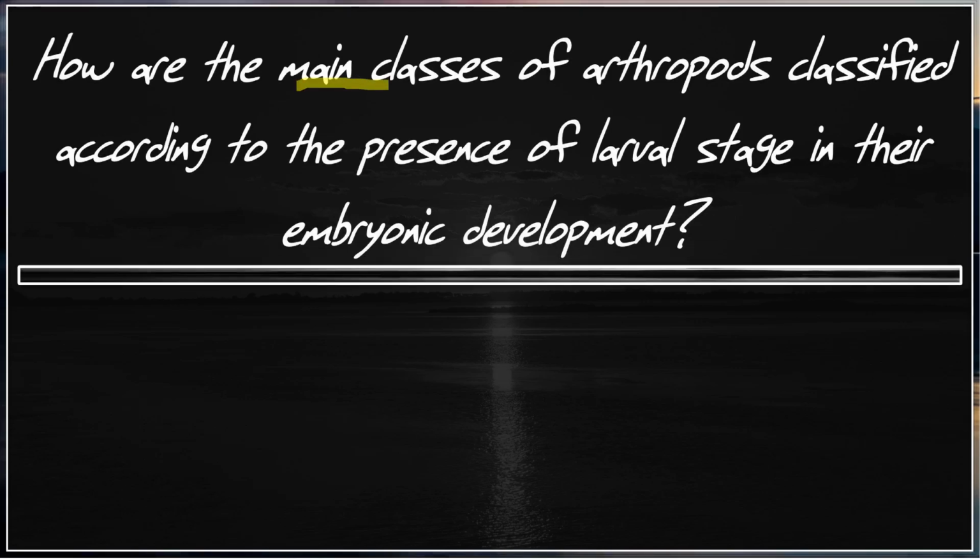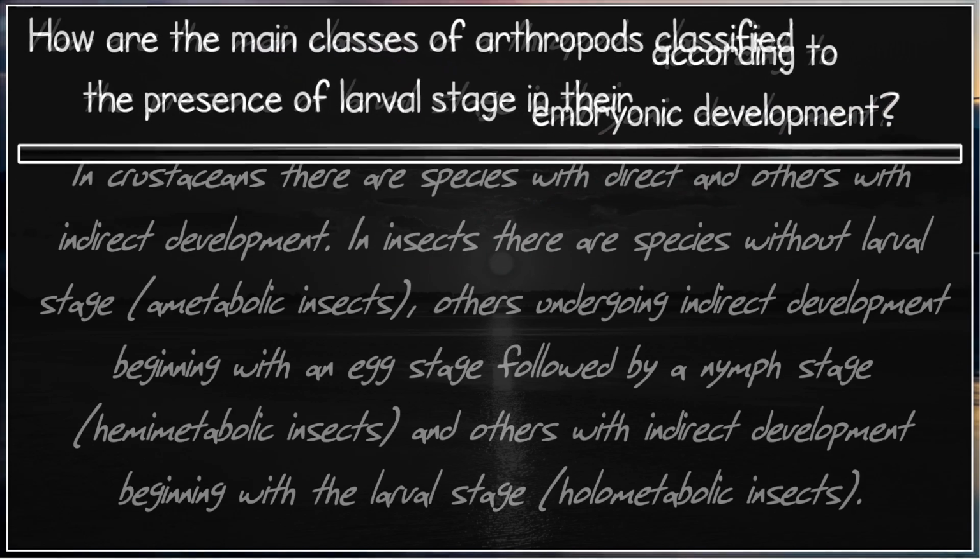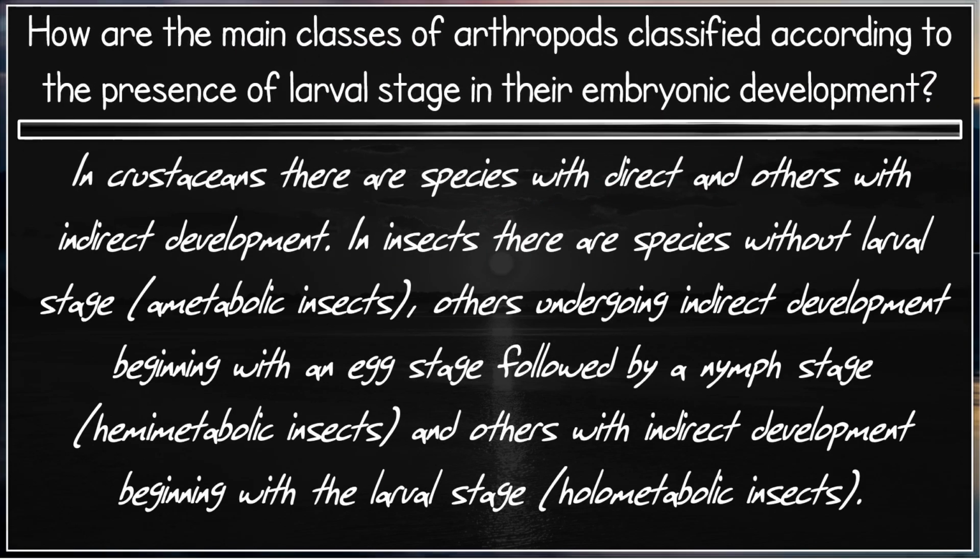How are the main classes of arthropods classified according to the presence of a larval stage in their embryonic development? In crustaceans, there are species with direct development, others with indirect development.